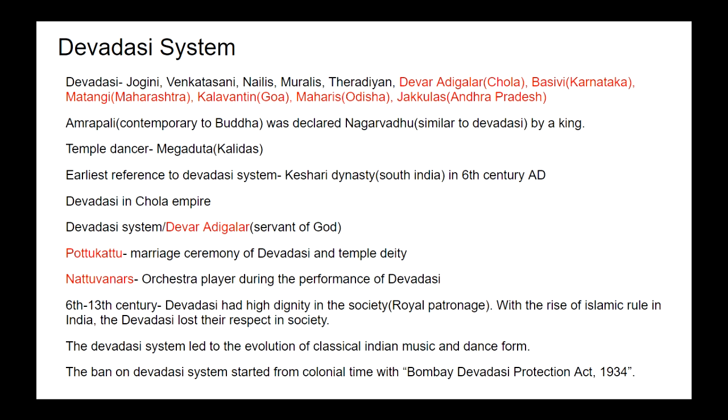The Devadasi system led to the evolution of classical Indian music and dance forms. We will see in medieval India regarding this. The ban on the Devadasi system started from colonial time with the Bombay Devadasi Protection Act 1934.